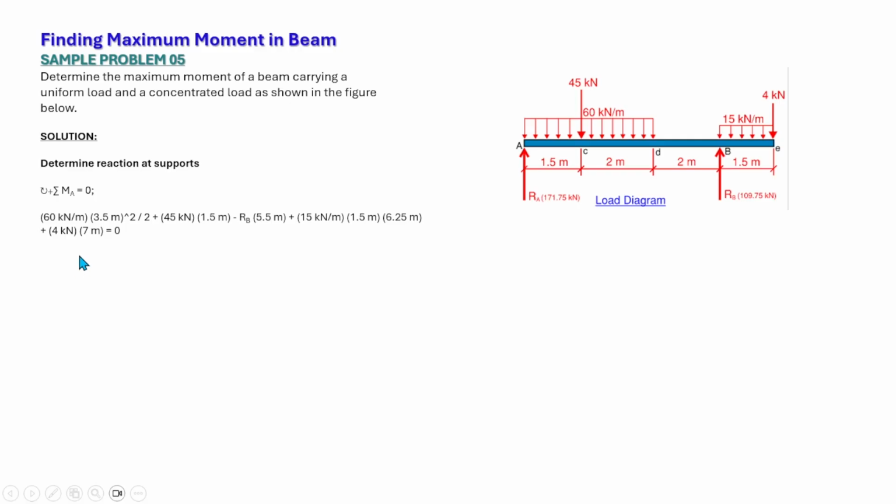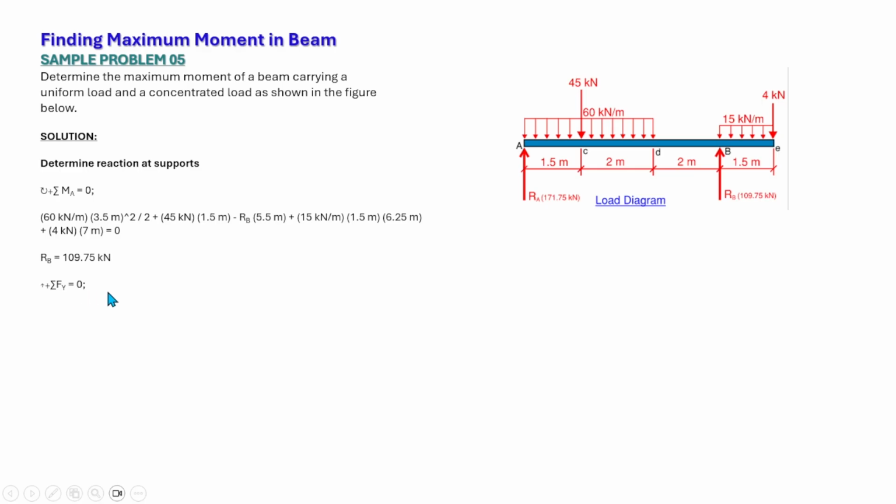So to calculate RB, that is equal to 109.75 kilonewtons.